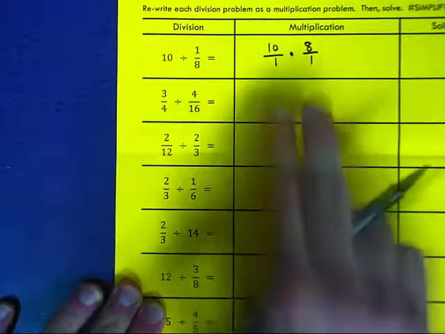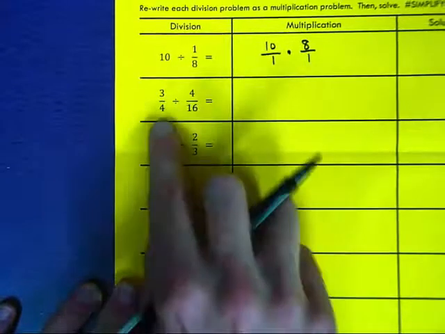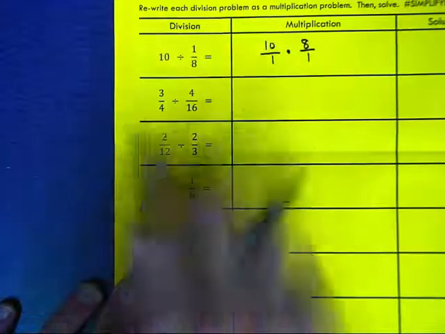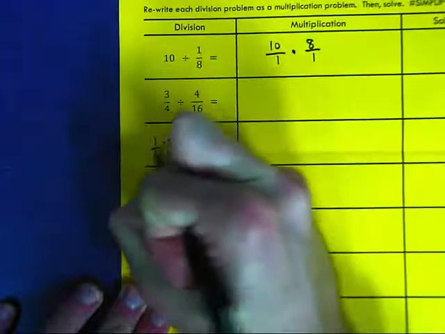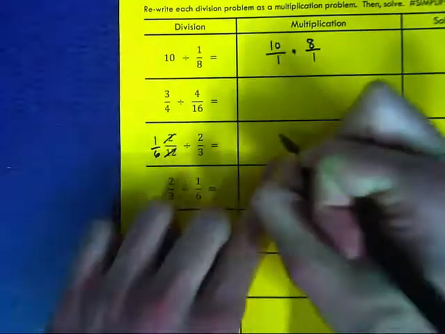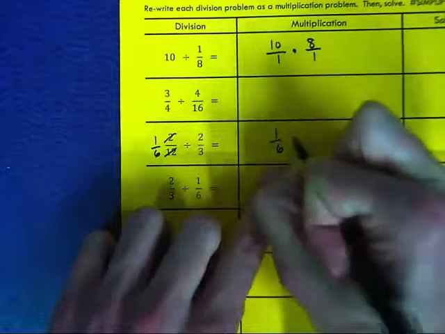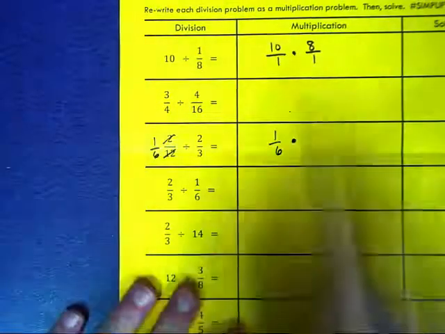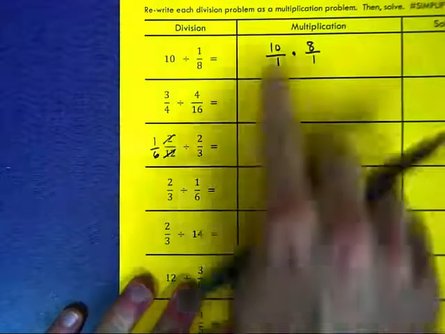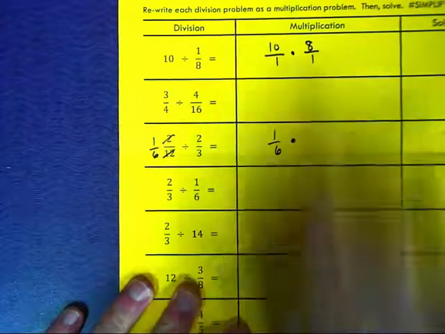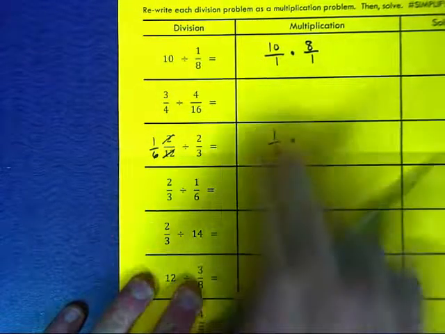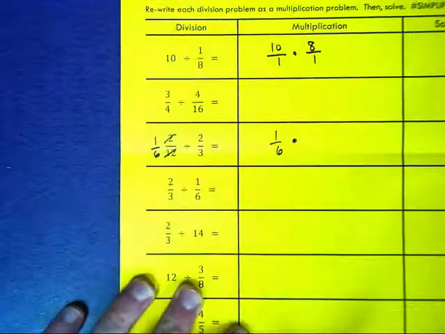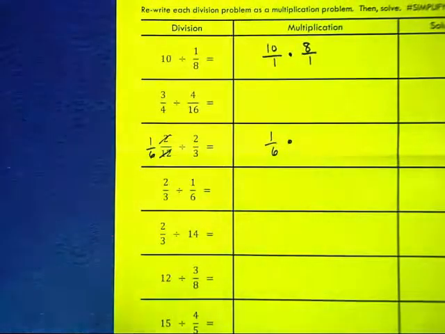Just make sure you're not changing that first number. For example, 2 out of 12 could be simplified to 1 out of 6. I'm going to bring that 1 out of 6 over here and multiply with it. The first number does not change. You cannot change where you start. You can change where you go, and then our answer is whatever results from this multiplication problem. Cool. I hope that was pretty clear.